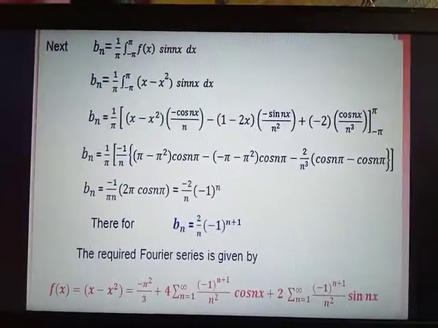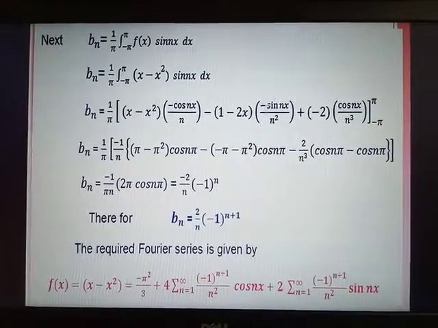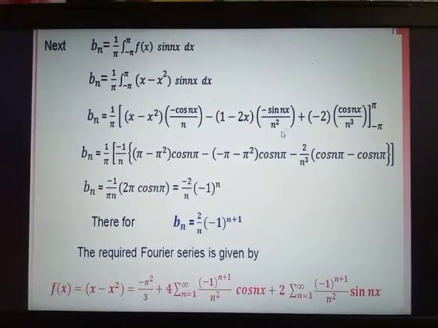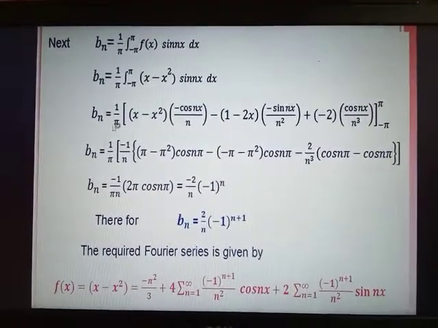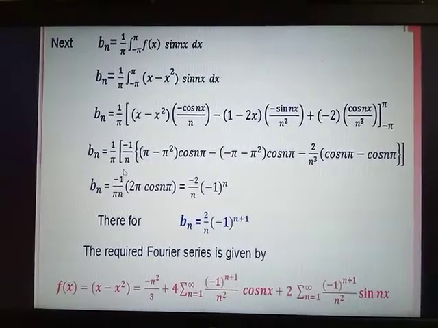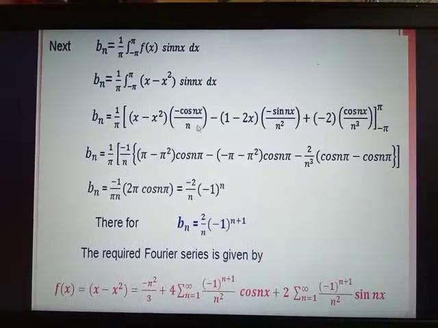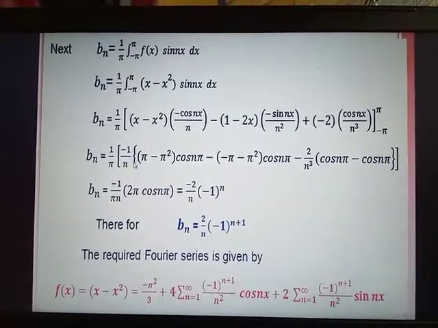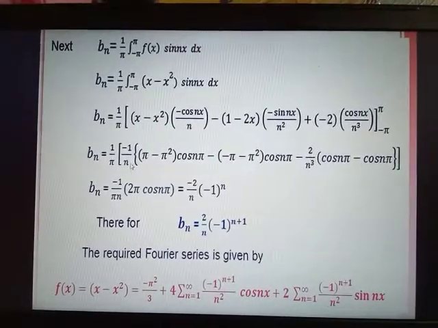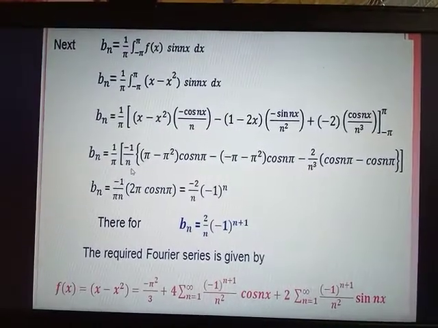Apply the limits. See here, the middle term will be 0 because sin n pi value is 0. Therefore, bn is equal to 1 by pi. In this first term, take minus 1 by n common, constant it is. Take outside the limits.